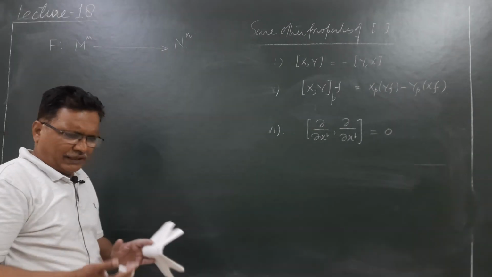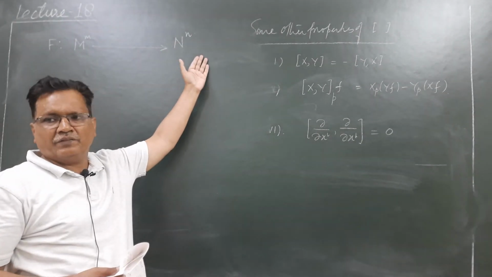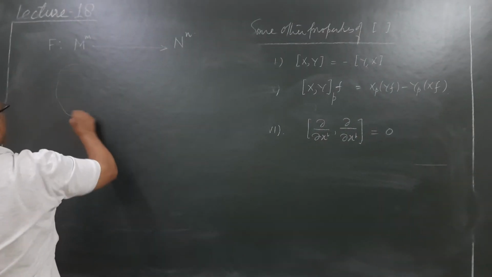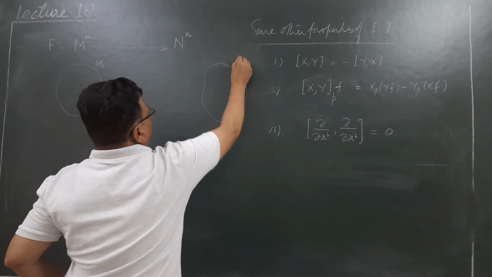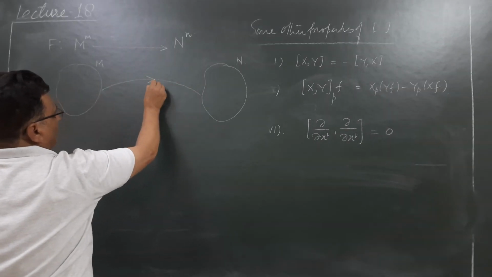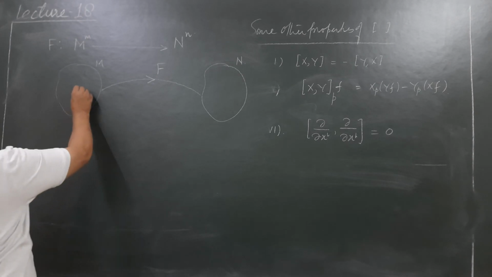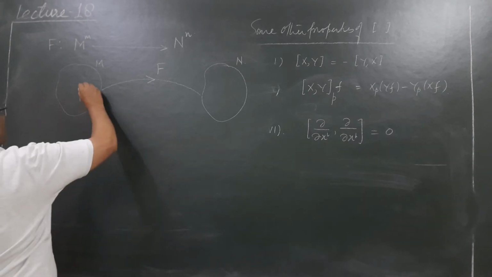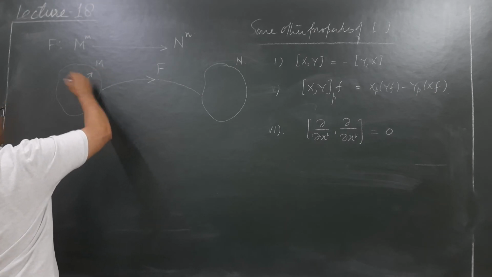It should map tangent vectors of manifold M to tangent vectors of manifold N. Alright, this is what we expect. So suppose this is a manifold M and here is manifold N. Let us see geometrically what should happen and how. f is a map, so let me start from a point P. Suppose this is a tangent vector at the point P, call it Xp.